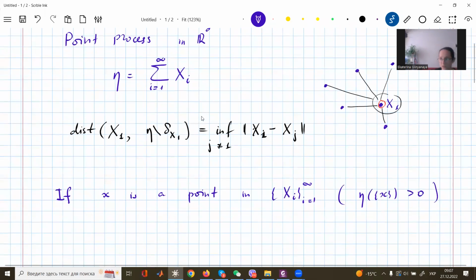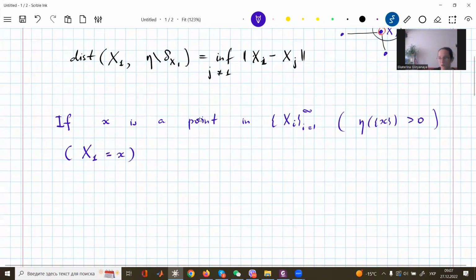If we assume this, and I assume that this point is the one with index 1, then I can ask the following question.